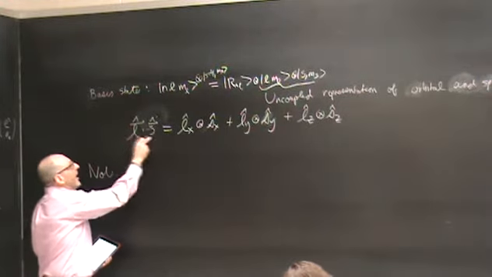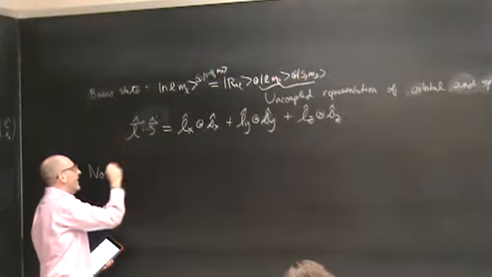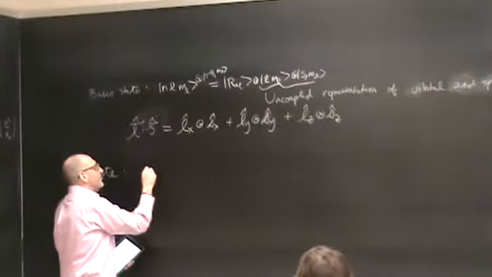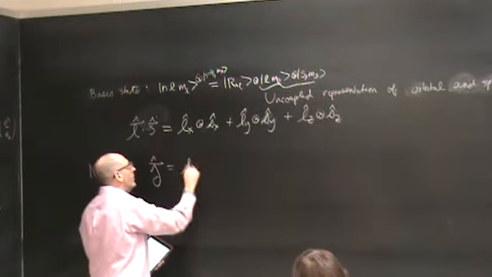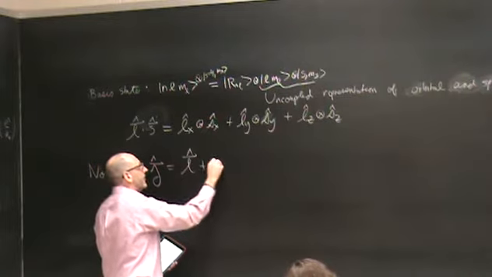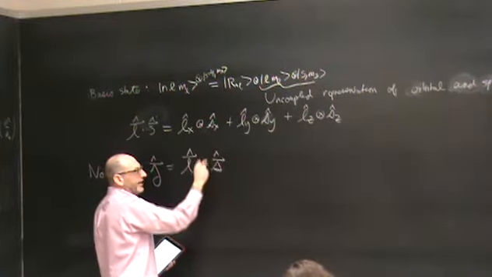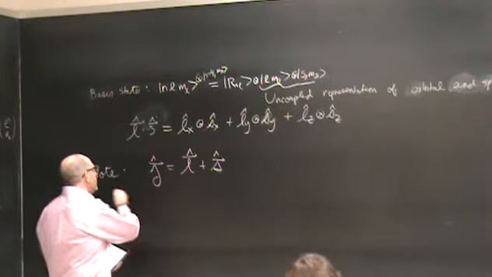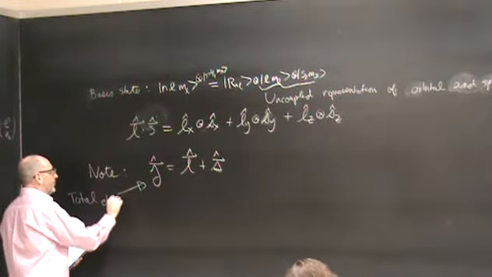And that trick is to note the following. Whenever you have a coupling of two angular momenta like this, a dot product, L dot S, or J1 dot J2, then note the following. Let's define J as the total angular momentum of the electron. Okay, this is L tensor the identity plus identity tensor S. It's the total electron angular momentum in units of h bar.